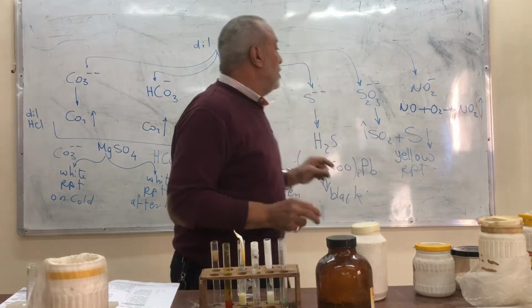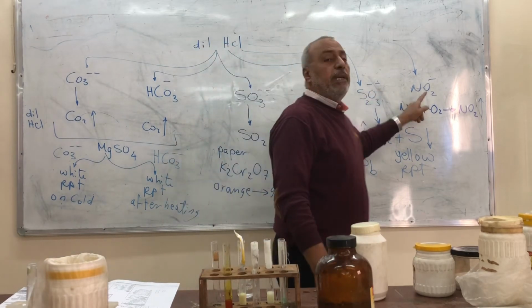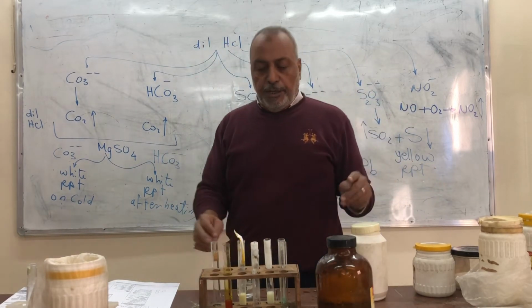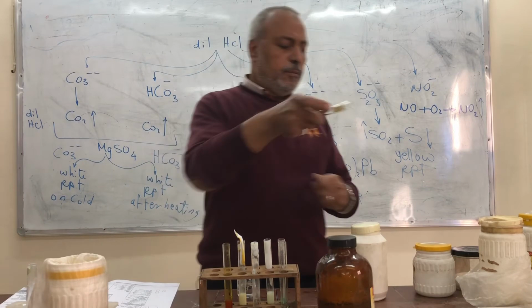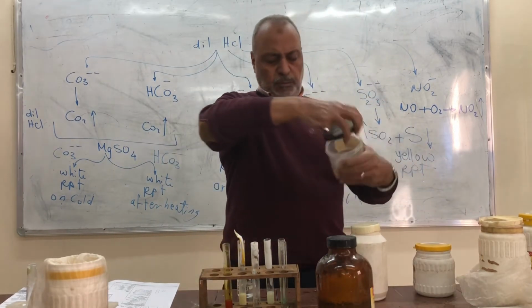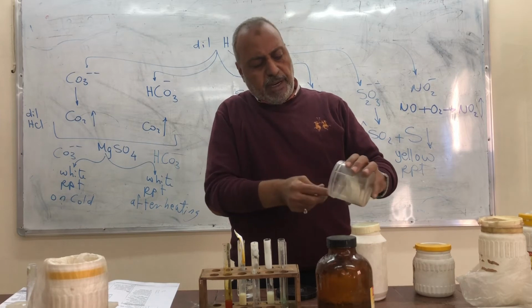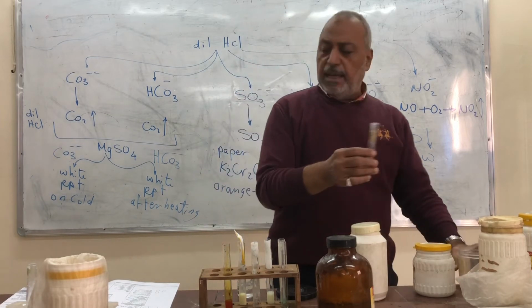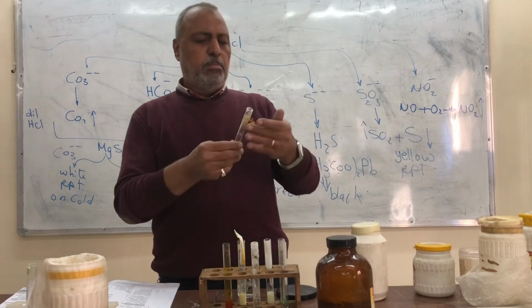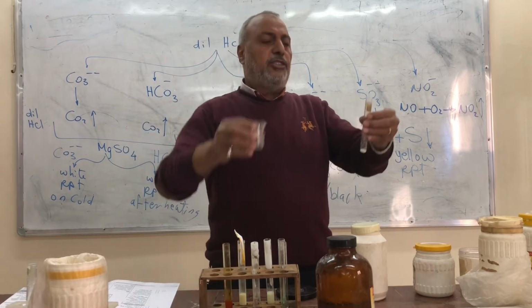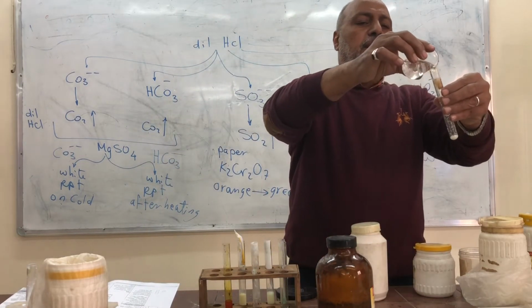The last one in this group is nitrite. We take some salt of nitrite and add dilute HCl to it.